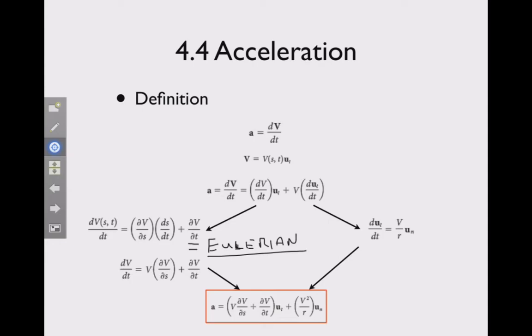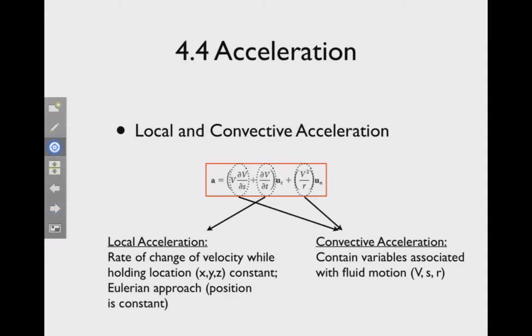So we've basically taken our acceleration, but since our velocity is a function of both space, s, and time, we get this more complicated version of the acceleration.